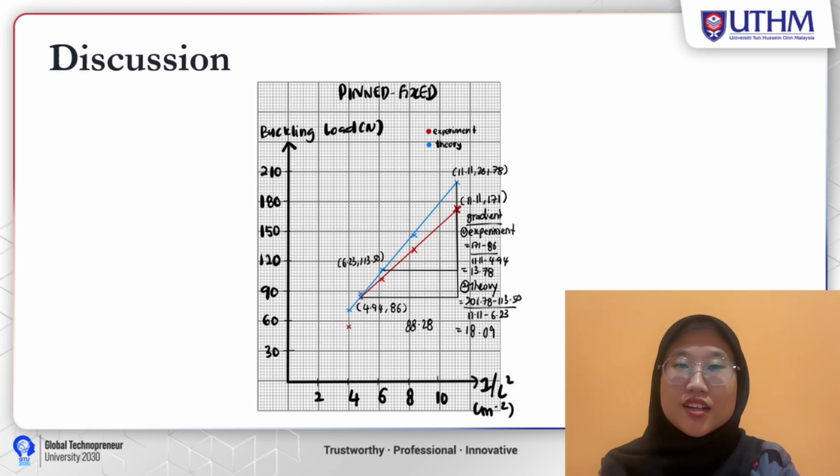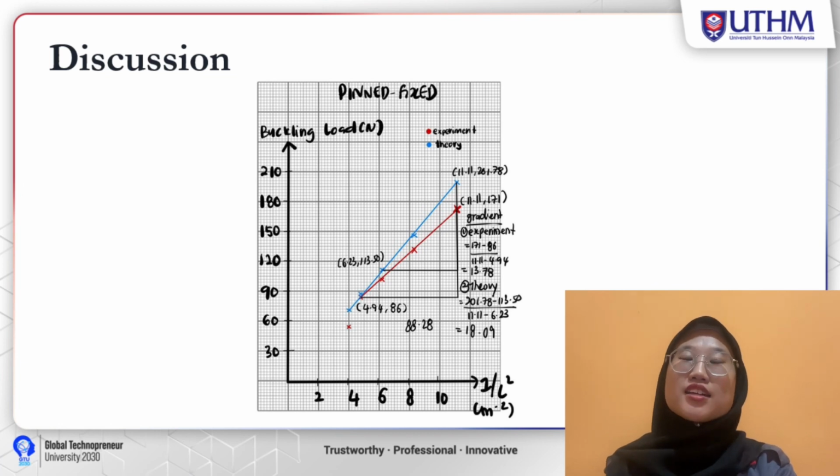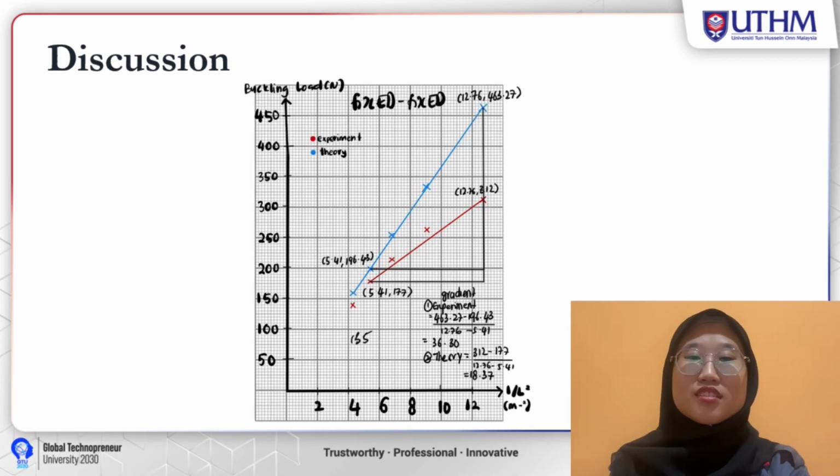We also plotted for both experimental and theoretical, and calculate the gradient for both. Here is a graph for fixed experiment. We also plot for both experimental and theoretical, and we also calculate the gradient for both experimental and theoretical.